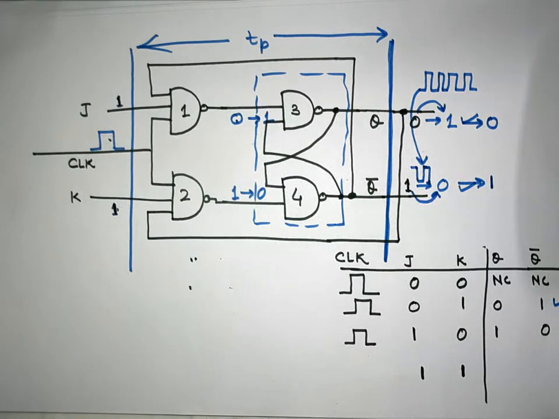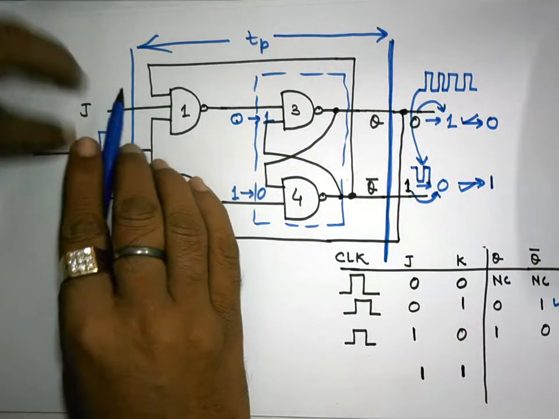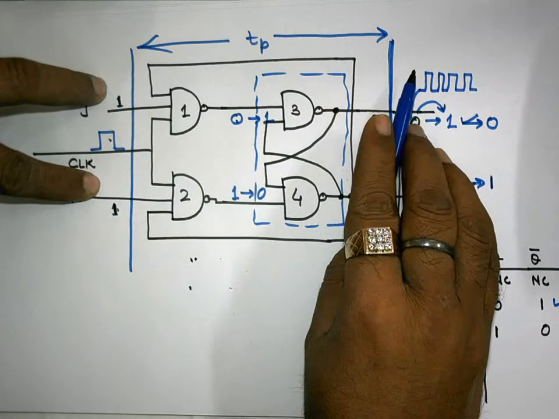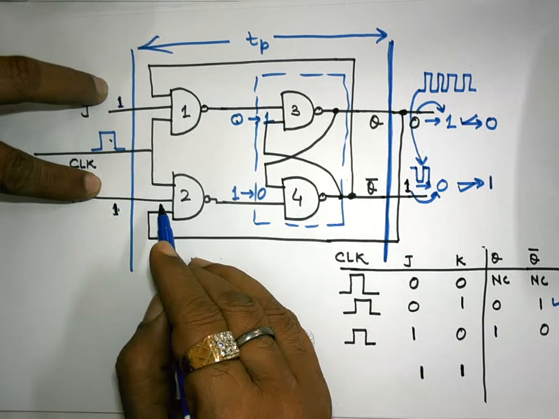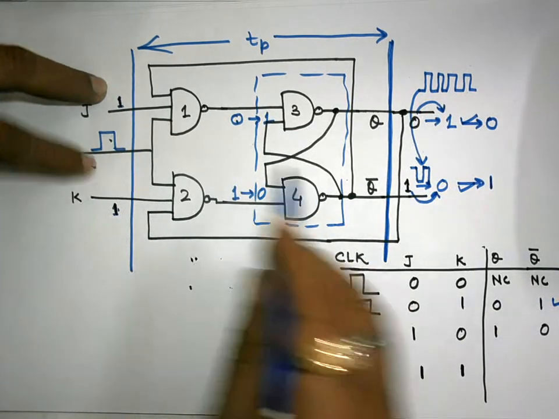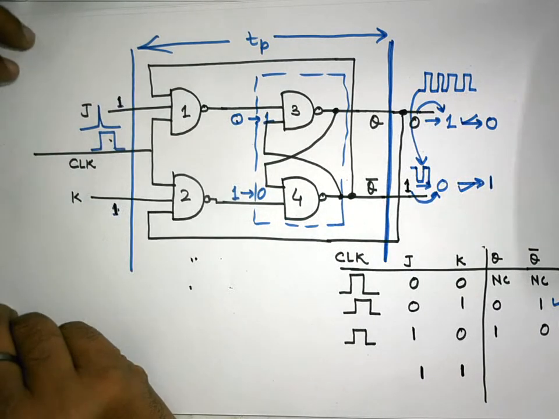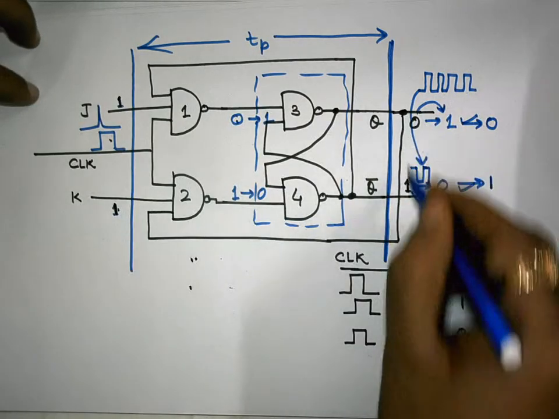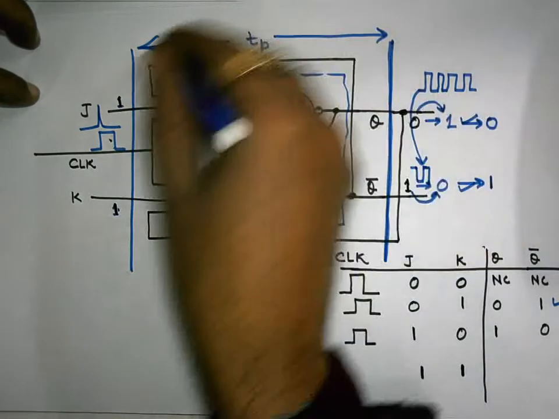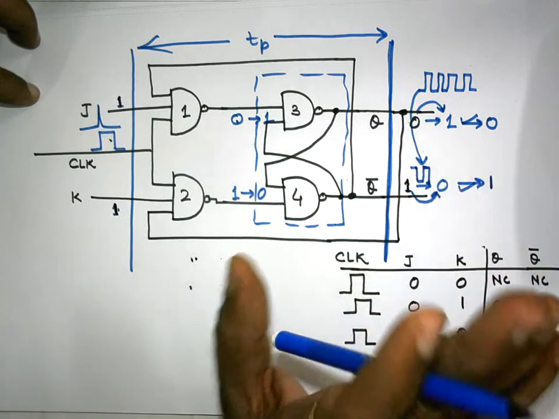So how can it be avoided? Suppose this output has changed, taking a time delay Tp. When it comes back to show any effect for a further change at the input, if this clock dies during that moment, then this feedback is not going to make any further change.